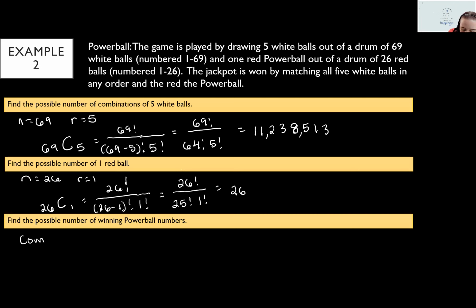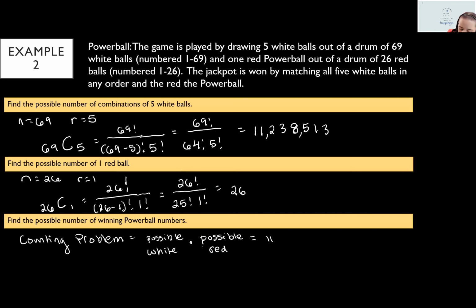So this is what we call a counting problem, basically. We're using the fundamental counting principle. So this is the possible combinations of white times the possible combinations of red.